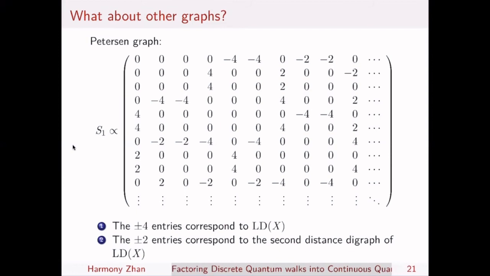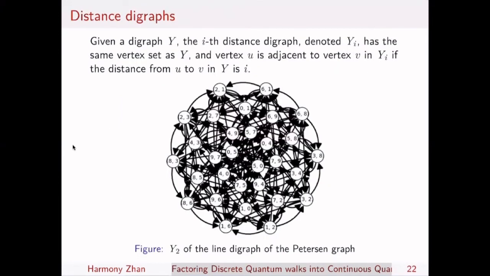And what do I mean by that? I mean exactly what you think it is. If you take a digraph, then the ith distance digraph will have the same vertex set as your original graph Y, and two vertices u and v are such that u is adjacent to v if and only if the distance from u to v in the original digraph is i.